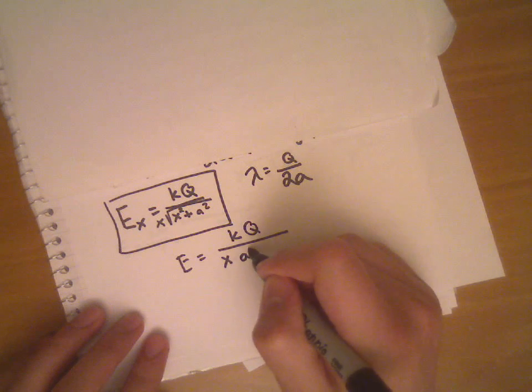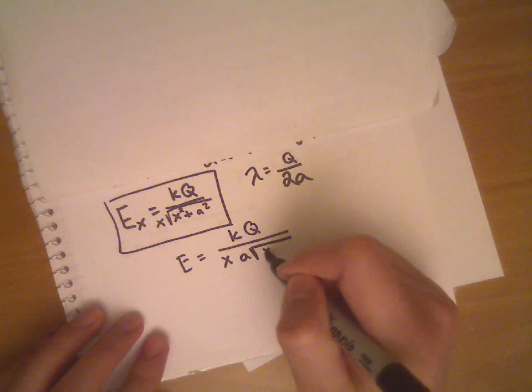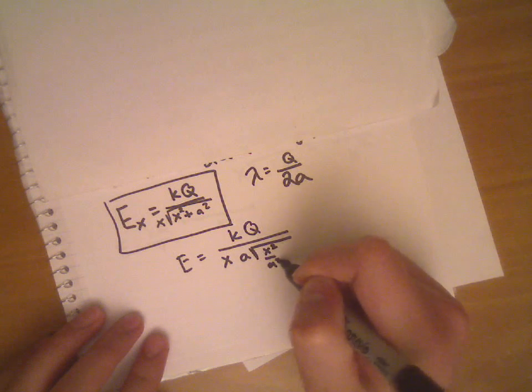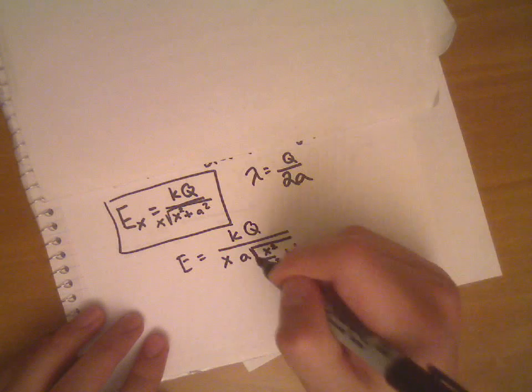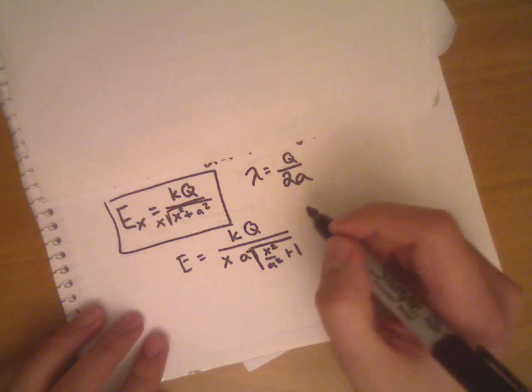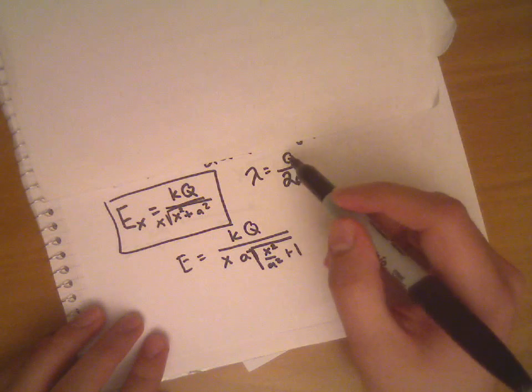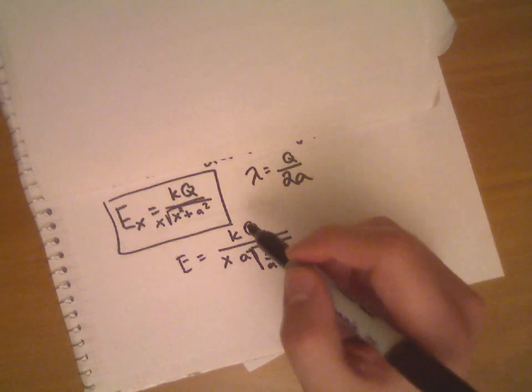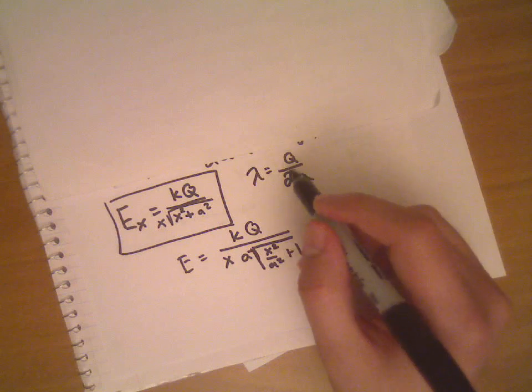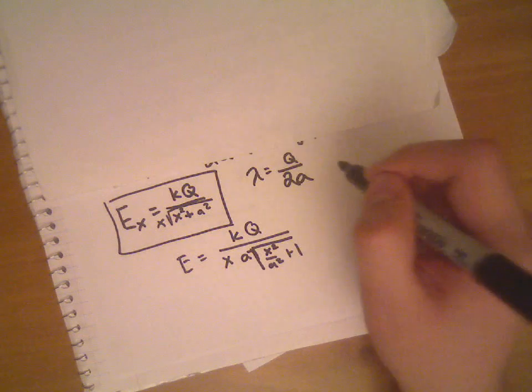If I factor out an a, then this is going to be x squared over a squared, and then plus 1. Now, if we want to solve for this, we need to multiply each side by 2.